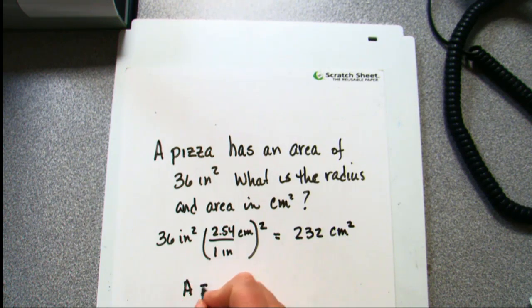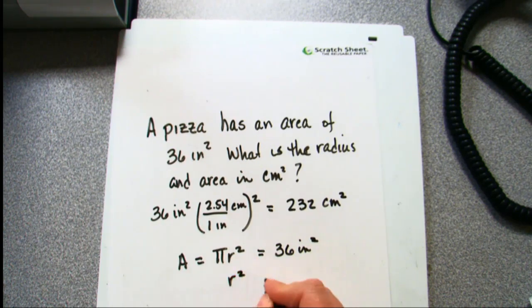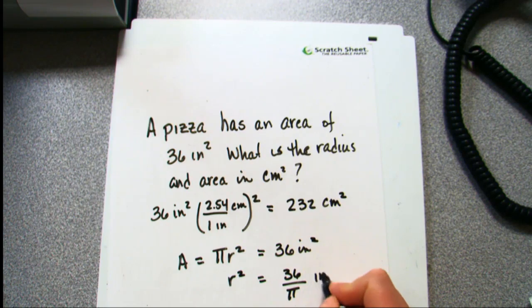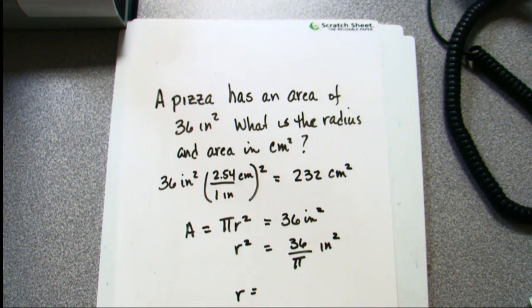Area of a circle is pi r squared. So if we have this, that's going to equal 36 inches squared. So r squared is going to be 36 divided by pi inches squared. R will end up being 8.6.